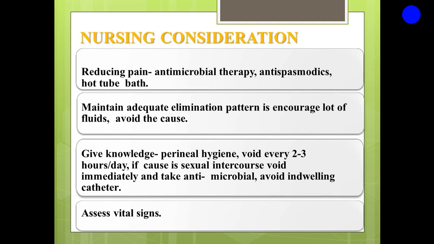Give knowledge, perineal hygiene, void every 2 to 3 hours a day. If the cause is sexual intercourse, void immediately after intercourse, and take antimicrobial. Avoid indwelling catheter. So the knowledge is the most important thing in urinary tract infection.